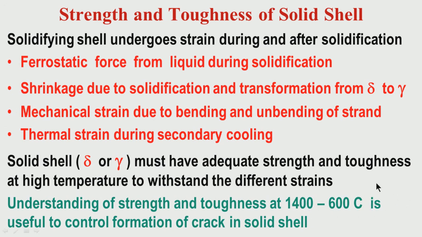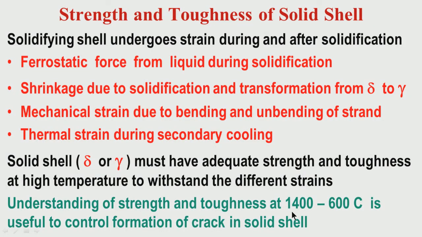Why is this important? Because solidification is starting maybe at a temperature slightly above 1400 degrees centigrade, but solidification is complete maybe around 1400 for very low carbon grades, but at higher carbon grades solidification is complete at relatively low temperature, maybe 1300, maybe 1250, may even come down to 1200.